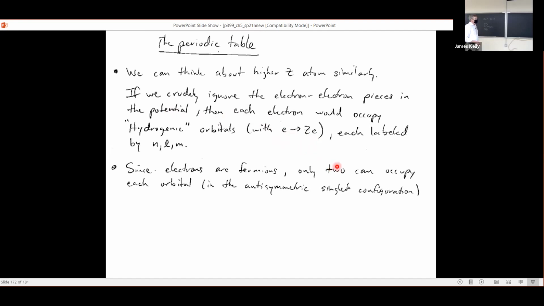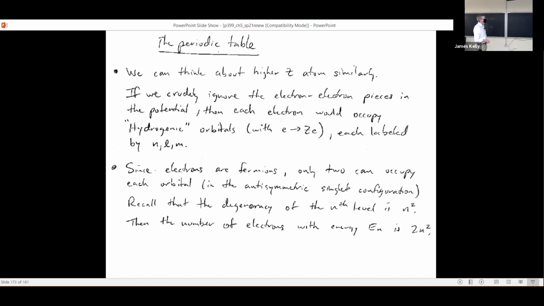Since they're fermions, only 2 can occupy each orbital. In other words, when we've got an atom that's filling up, we can have 2 electrons in the ground state. We can have 2 electrons in the next highest energy state because they're allowed to be in a symmetric state under interchange as long as we make the spin state anti-symmetric, the singlet configuration.